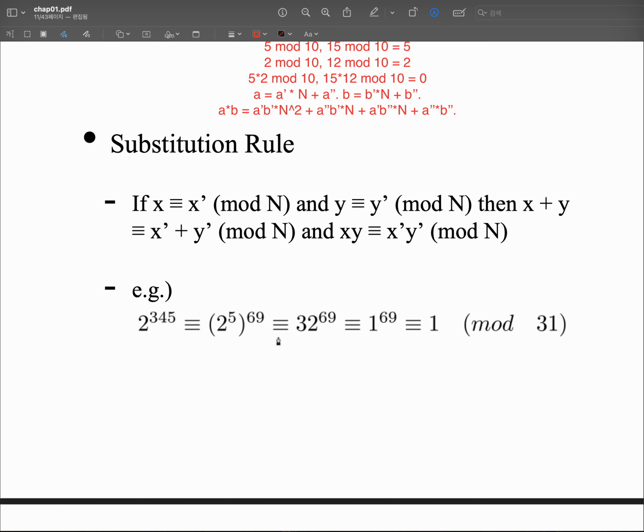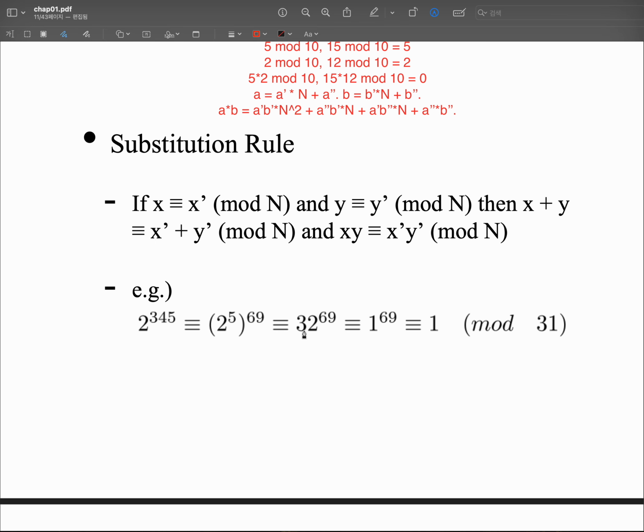So when we calculate the modular operation over some kind of exponential number, then you can find a simplified method for calculating an exponential number like here. So for example, 2 to the power of 345 is equivalent to 2 to the power of 5 times 69, okay?